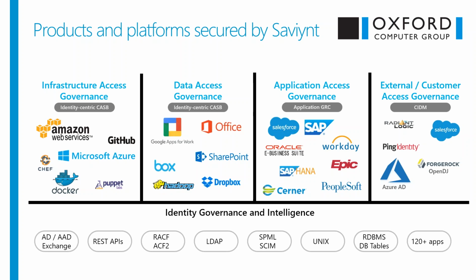Now, application access governance, this is where Saviynt really shines because we're able to connect to a wide variety of very system critical apps. I've got two well-known EHRs up there. Oracle eBusiness is a beast, as well as SAP. And so managing access inside of those applications through a single pane of glass and looking at entitlement hierarchies is really beneficial and can really assist with governance in the enterprise.